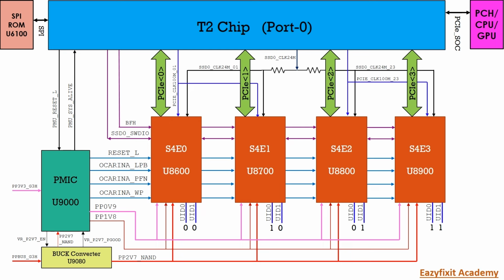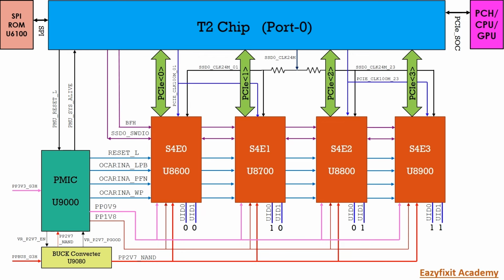So here is the block diagram of port 0. How exactly does port 0 work? What are the things you need to understand in port 0? You can see the PCI line connected to the T2, and the 24 megahertz clock coming from the T2 going to all the NANDs, and there is a 100 megahertz clock communicating between the NAND and T2.